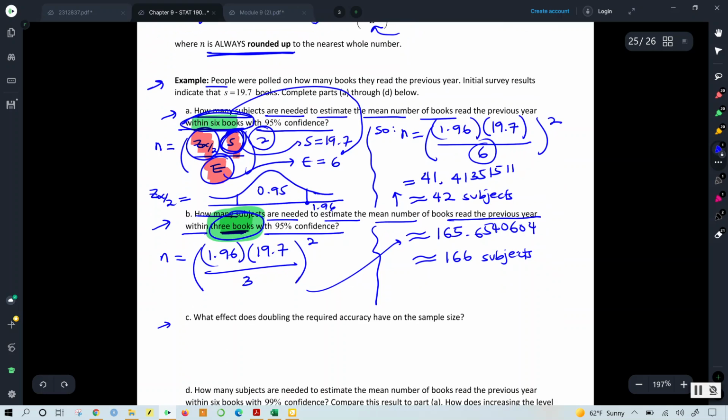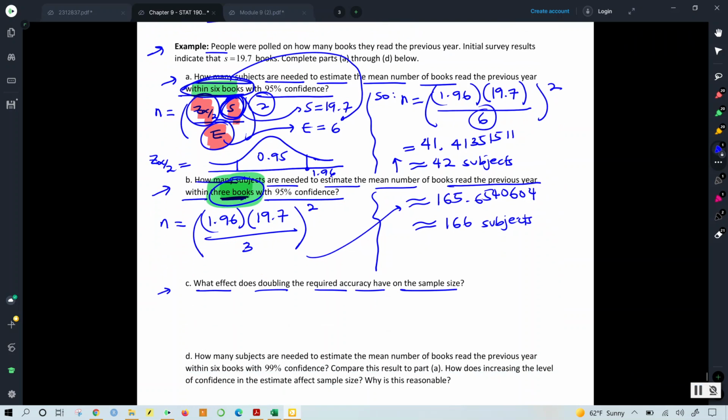Then, question C. What effect does doubling the required accuracy have on the sample size? What you might observe is that by doubling the accuracy, that means going from an error of 6 points away to an error of 3 points away.